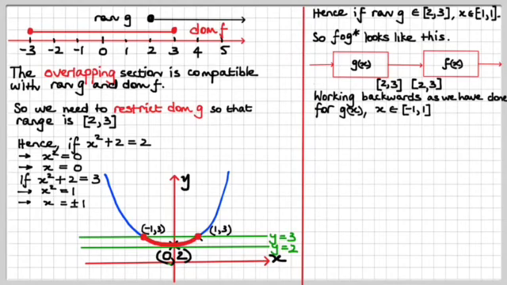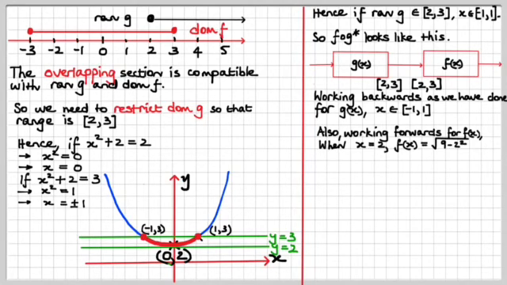So we work backwards as we have done for g of x. We found that x had to go from -1 to +1 inclusive. That's what we did, wasn't it? Yeah? Now let's work forwards, okay? We're working forwards for f of x, and we can say that when x is 2, that is the input to f of x is 2, just at this end here, what would be the output result, okay?